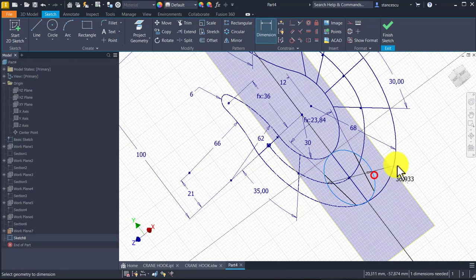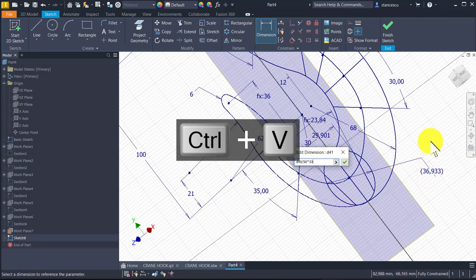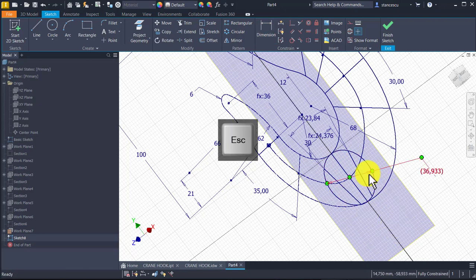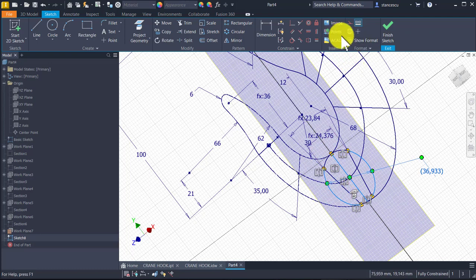Then diameter as driven value, because we apply that marvelous expression, which is this, and Control V. Now we have three entities to be made construction, because the diameter was not changed to construction.